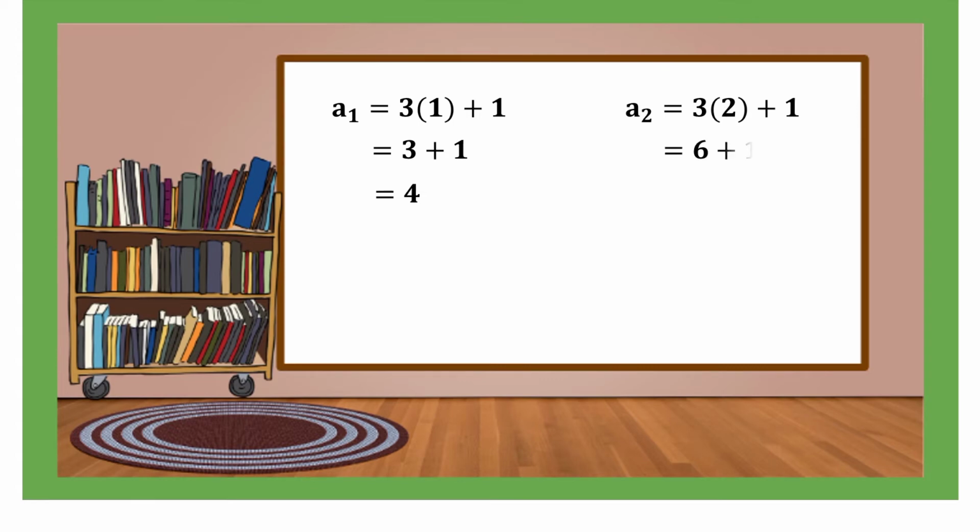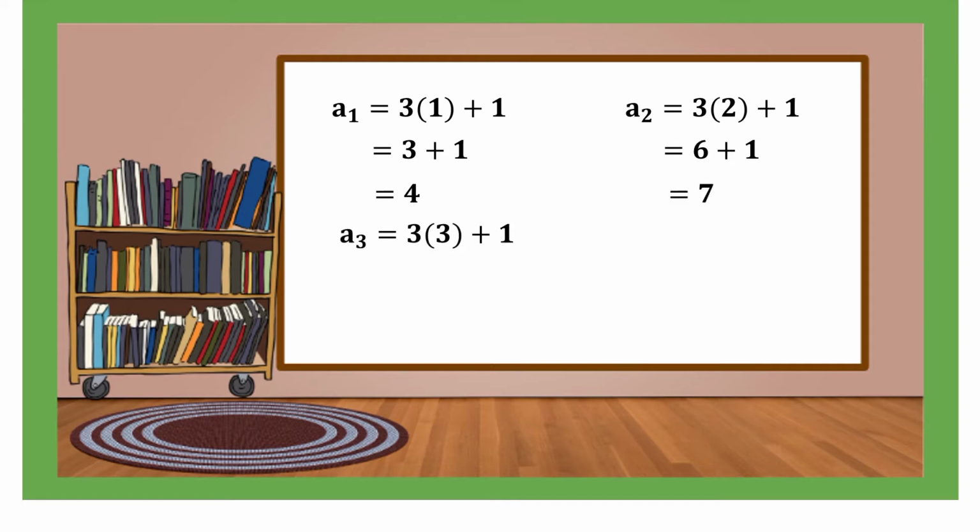So, if n is equal to 1, we have 3 times 1 plus 1. 3 plus 1, and the answer is 4. If n is equal to 2, we have 3 times 2 plus 1. 6 plus 1, and the answer is 7.